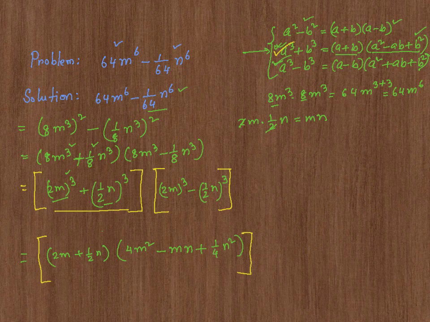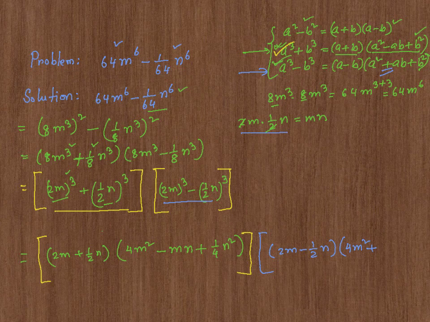Now let's use a different color for the other one. For this one, it's going to be the difference of cubes formula. a minus b, which is 2m minus 1/2 n, times a square, 2m whole square, which is 4m square, plus, in this case, ab.